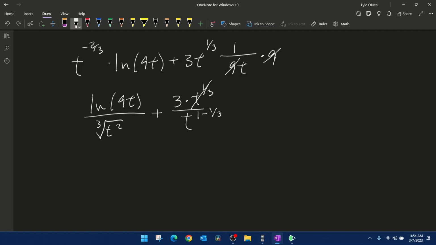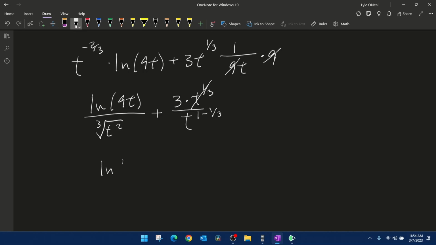If I reduce those variables, I'm going to have to subtract the smaller exponent from the bigger one, and where the bigger one was is where they're going to end up. So what does that leave me with?